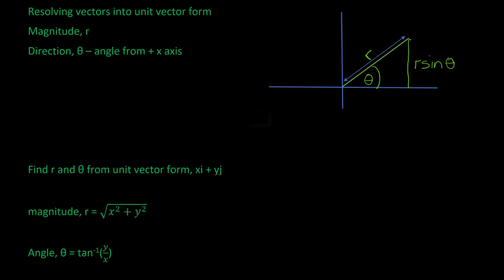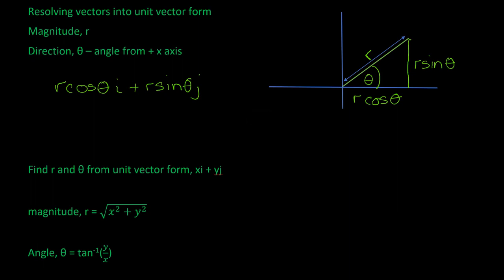Whereas this length along the bottom here is adjacent to the angle, so that would be r cos theta. And so to write this vector, r theta, in its unit vector form, it would be r cos theta i plus r sine theta j.